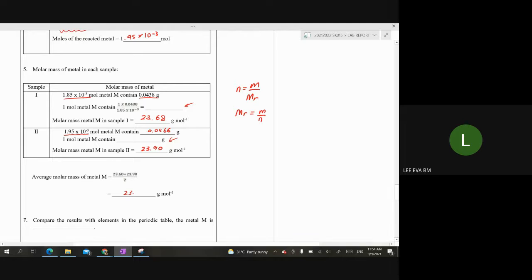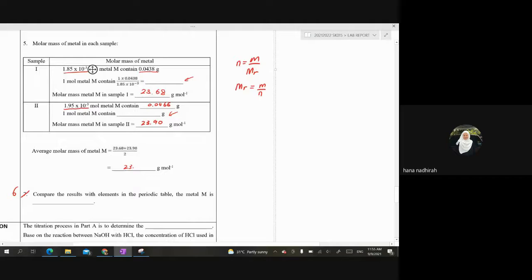How much is that? 23.79. Okay, grams per mole. Grams per mole is the unit for your molar mass.